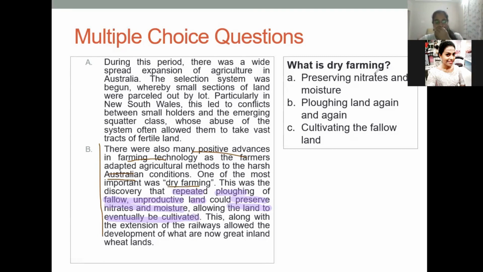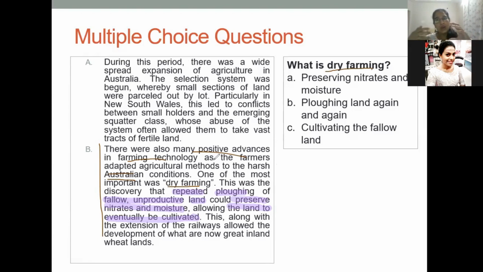Now, let's look at the question and the options also. The question is, what is dry farming? We figured out where this information is. What are they saying about dry farming? Repeated plowing of unproductive land. Fallow is, again, unproductive land.